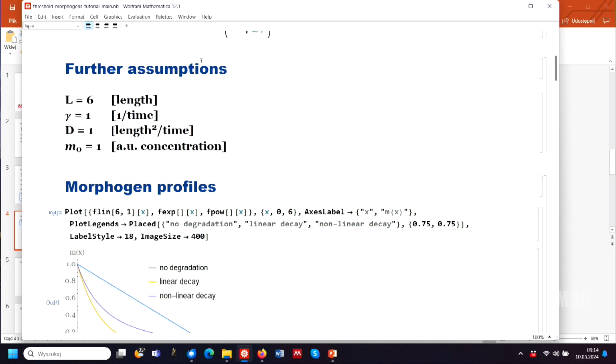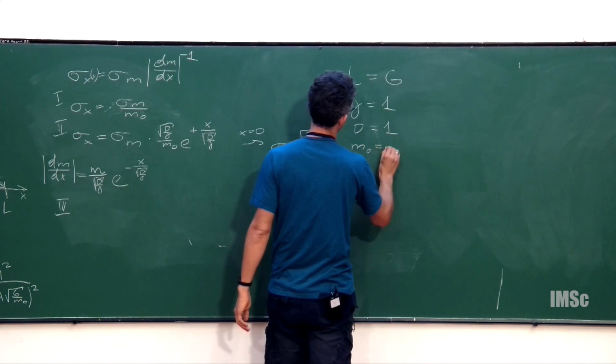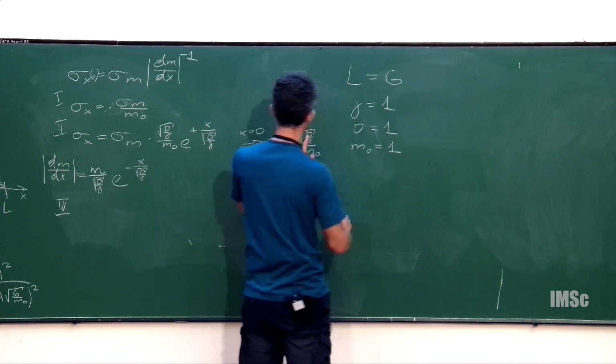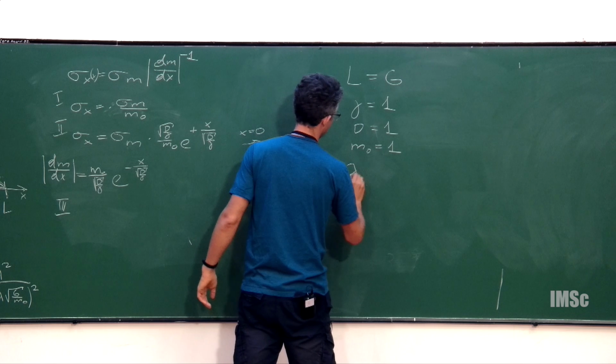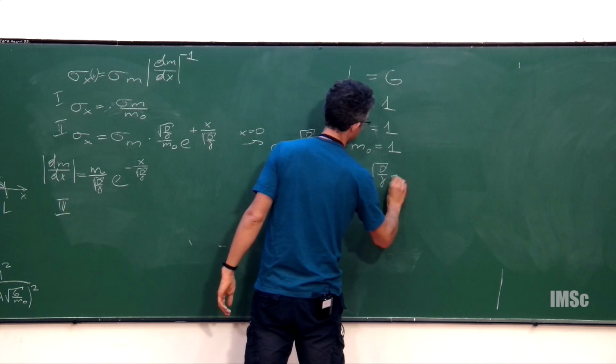We say L is equal to 6, then gamma would be 1, D would be 1, M0 would be 1 in the appropriate units, and our lambda will be 1.